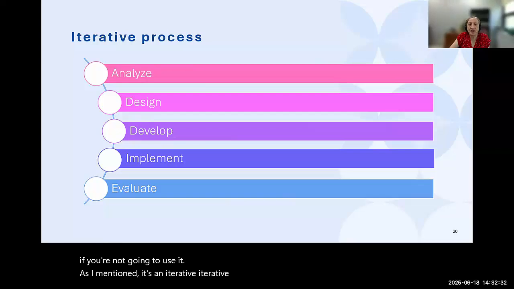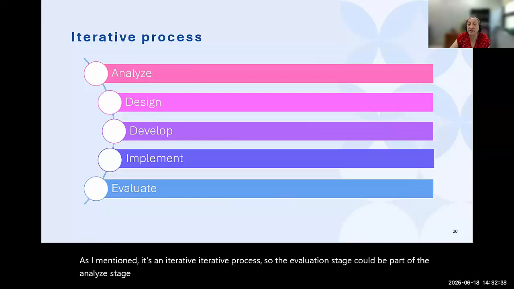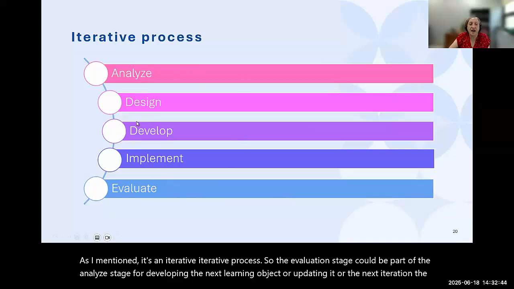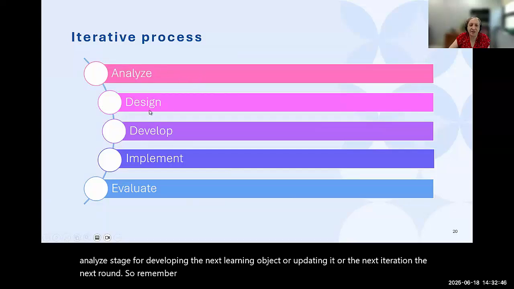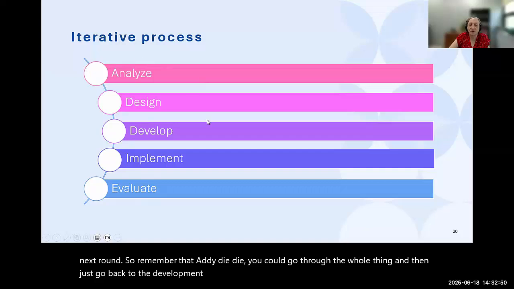So the evaluation stage could be part of the analyze stage for developing the next learning object or updating it, or the next iteration, the next round. So remember that ADDIE is a cycle. You could go through the whole thing and then just go back to the development stage and redo, or start all over again with a new project.